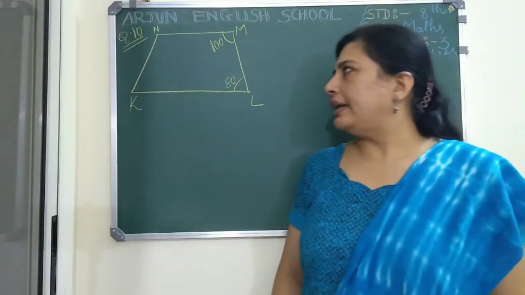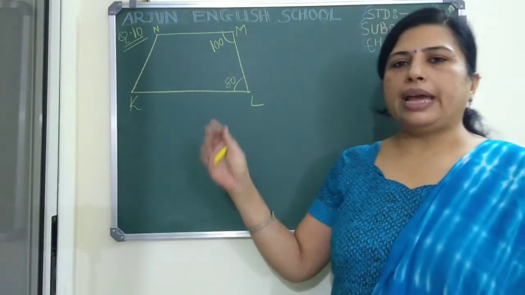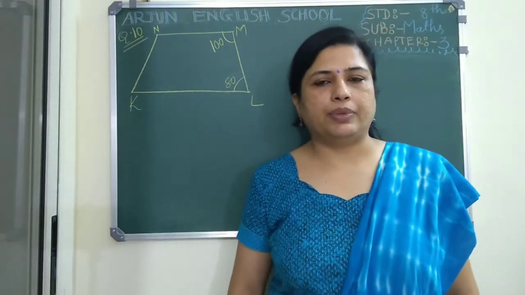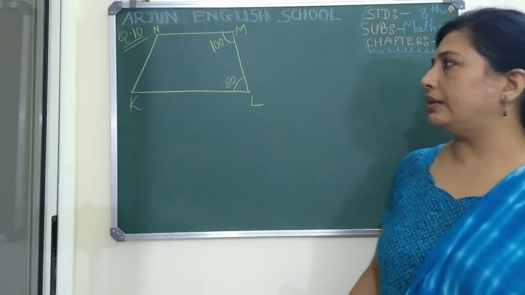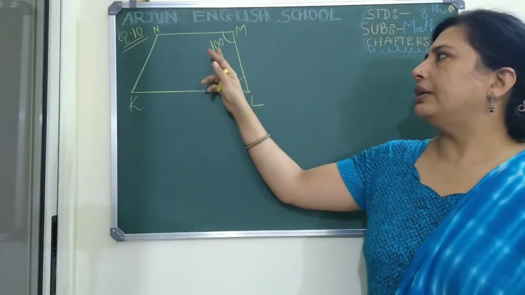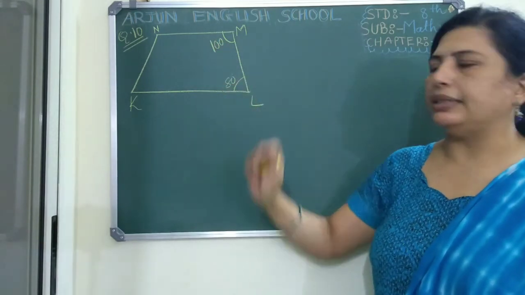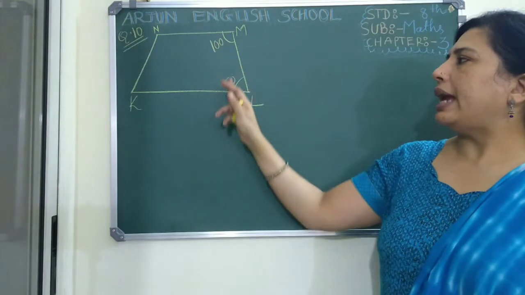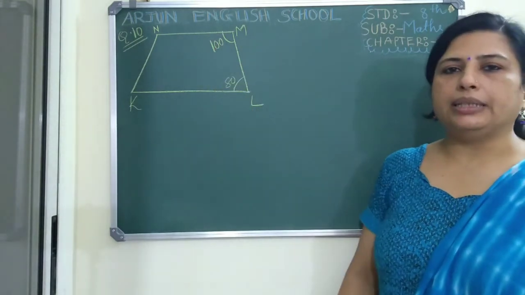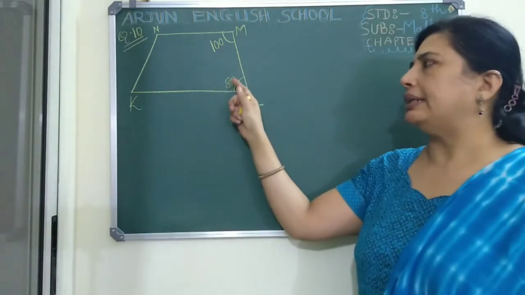In question number 10, we have to explain how this figure is a trapezium. For that, we are given the measure of these two angles. If we add them, 100 plus 80, then we are getting 180. That means they are supplementary.